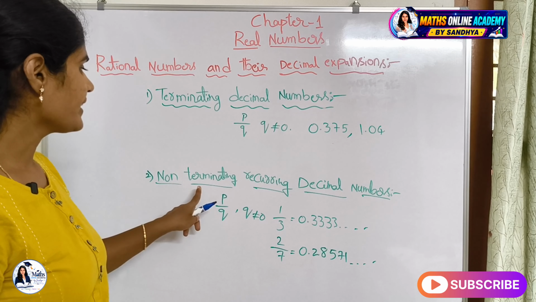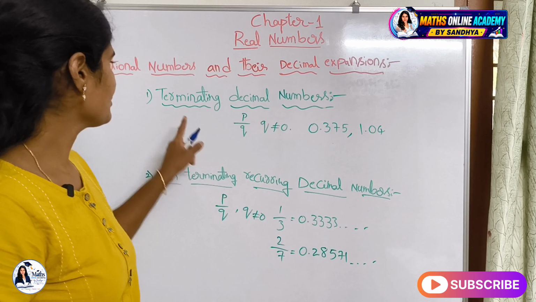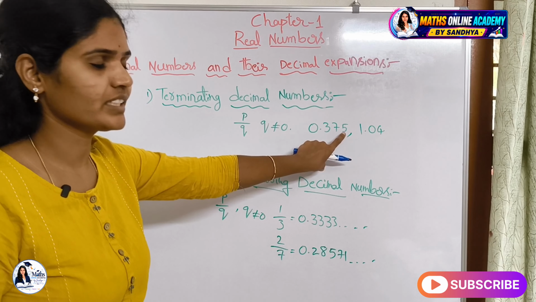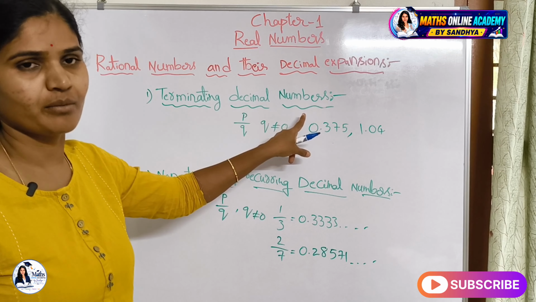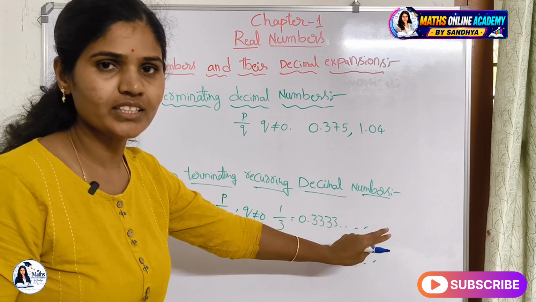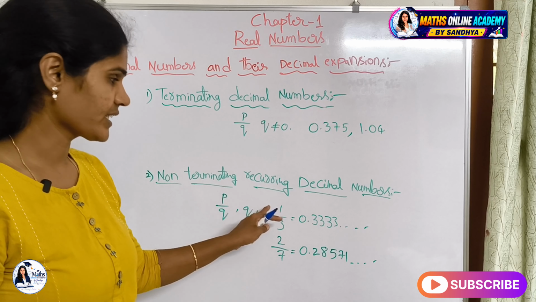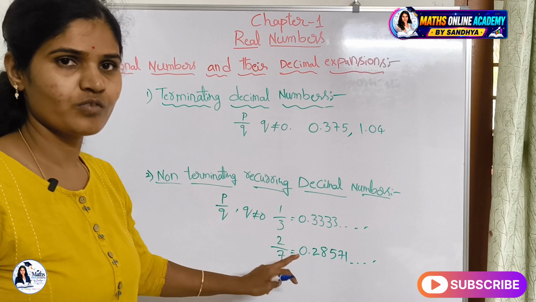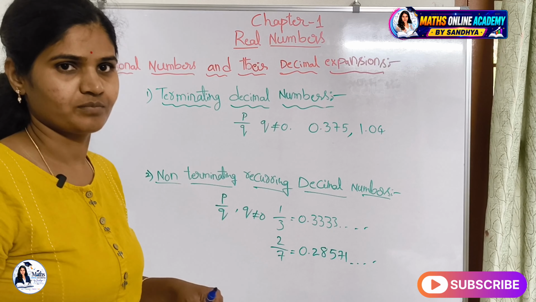These are non-terminating recurring decimal numbers. Terminating decimal numbers end with some finite number. Those that don't end are called non-terminating recurring decimal numbers. Based on these two we also have one more kind of number, which we discuss after that.